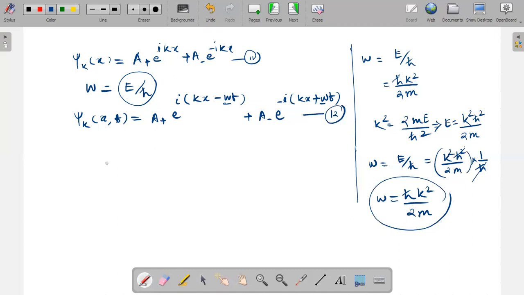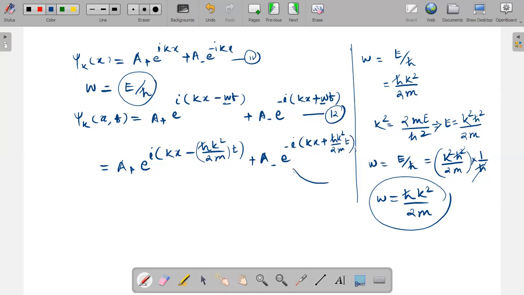Therefore, equation 12 can be written as a plus e raised to i kx minus omega t, with omega equal to h cross k square upon 2m, plus a minus e raised to minus i kx plus again omega t, with omega equal to h cross k square upon 2m.